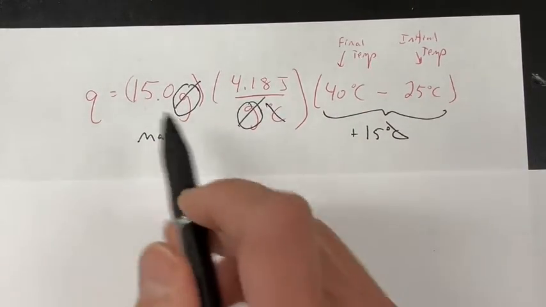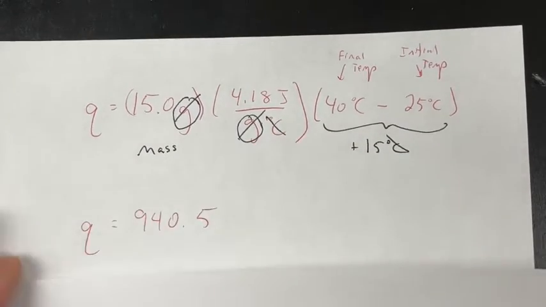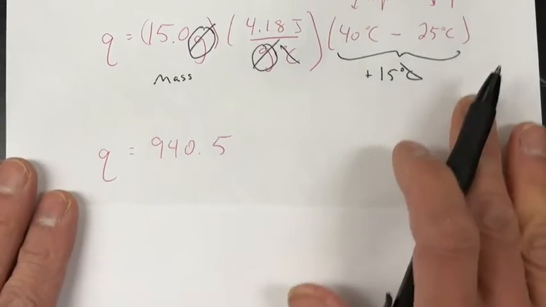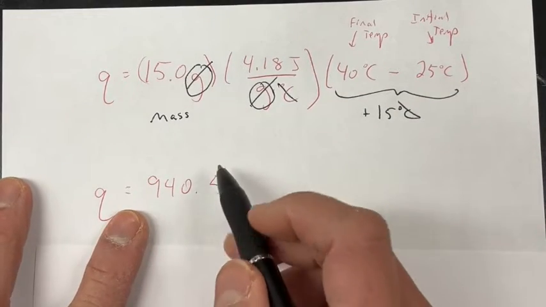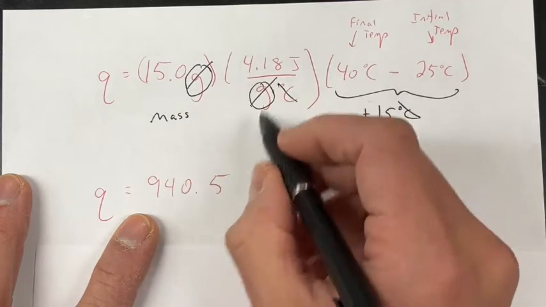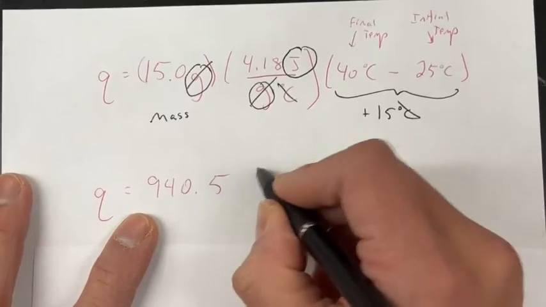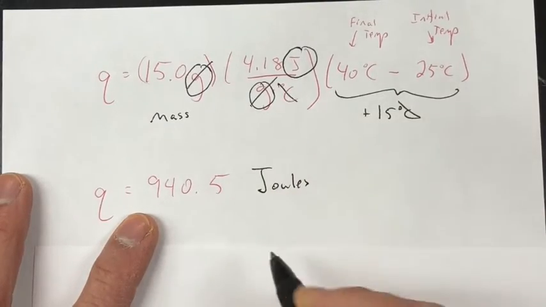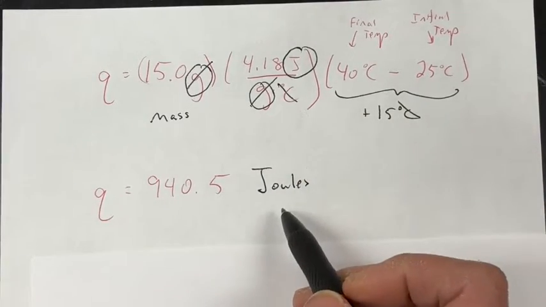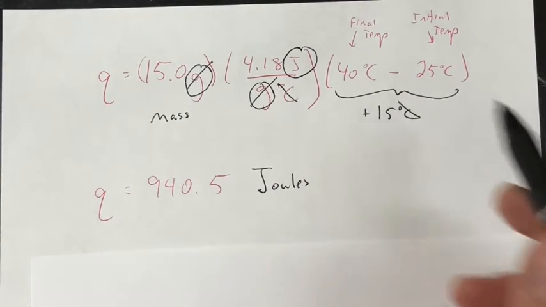So then this times 15, what does that give me? 940.5, or 940. And the units left over are joules. So that's my total energy it takes to heat up that much water by that many degrees.